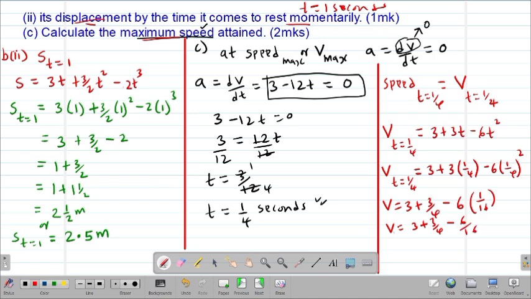If you feed this on the calculator, you'll get v being equal to 3 and 3 over 8 meters per second, or 3.375 meters per second. Therefore, that was the maximum speed attained, 3.375 meters per second.